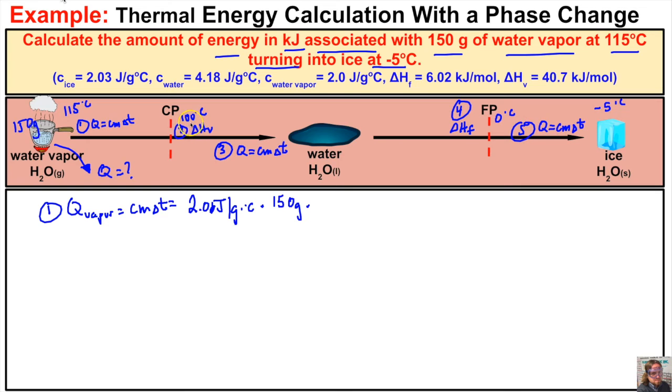To do this, we take the final temperature minus the initial temperature. 100 minus 115 gives us -15 degrees Celsius. We put this in our calculator: 2.0 times 150 times -15, and we end up with -4,500 joules.